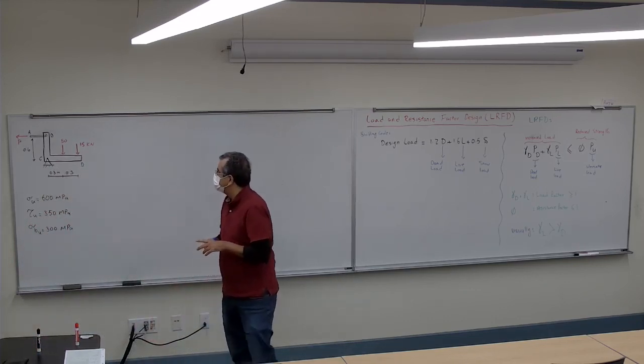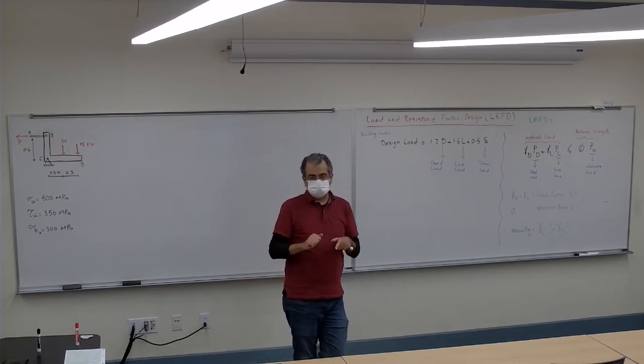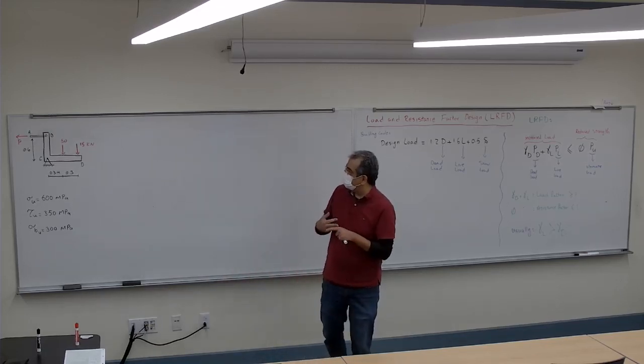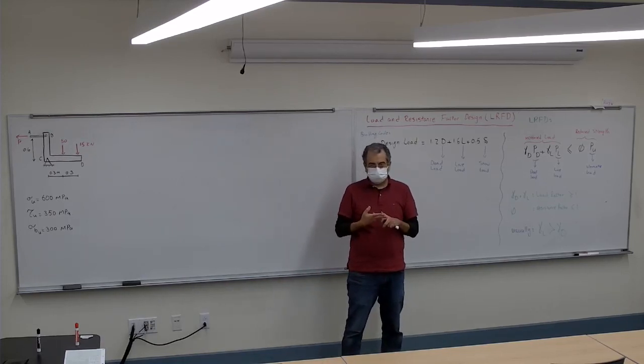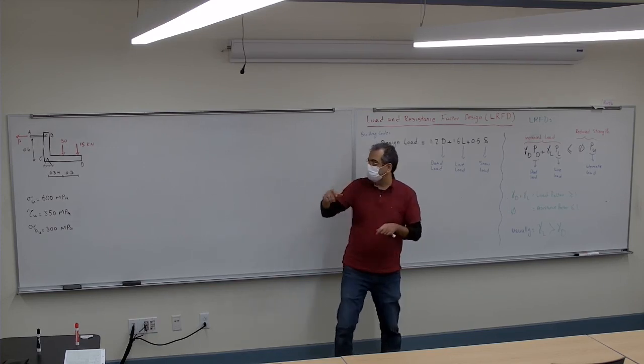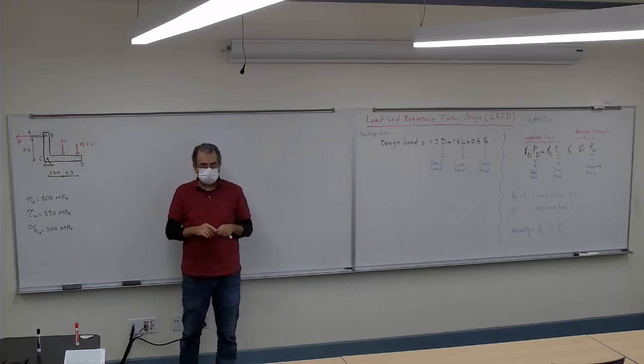Before that, the reactions, the reactions of the supports. So, how many supports do I have here? Two at C and one at P. Because the P is also a support holding. Because if the P is not there, it's going to start to rotate.